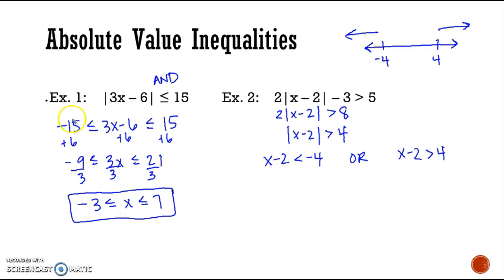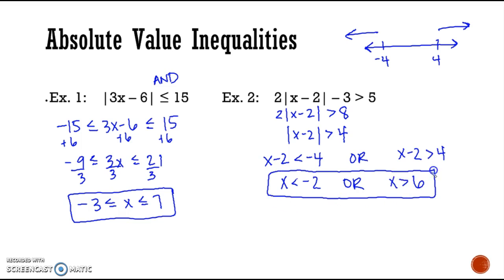So for "and," you write one big inequality; for "or," you're going to have two separate ones. You're going to have the less than the smaller, greater than the bigger. Then to solve, I'm just going to add 2. So I get x is less than negative 2, or add the 2 over here, x is greater than 6. So if x is less than negative 2, or x is greater than 6, that will work for my inequality up here and make it greater than 5 and all of that.